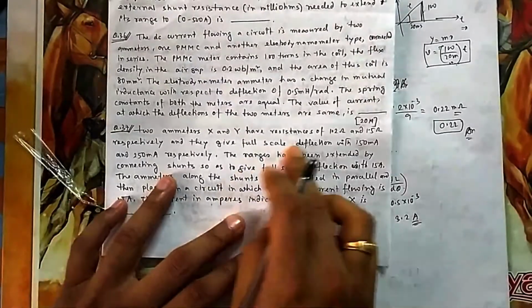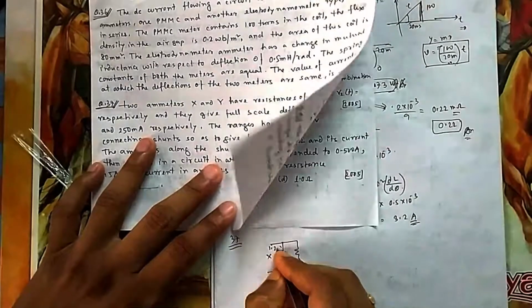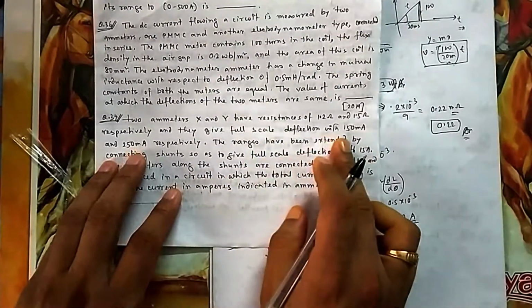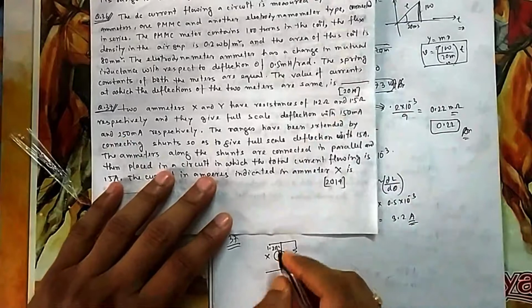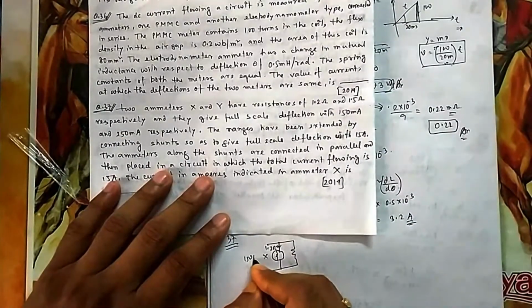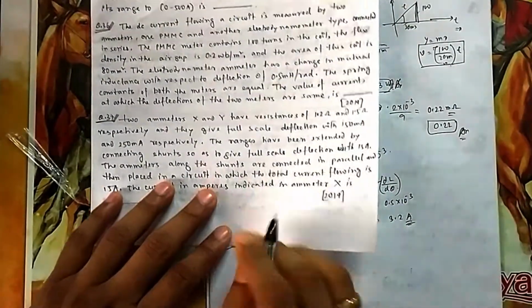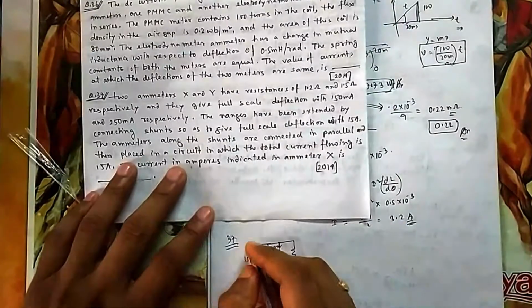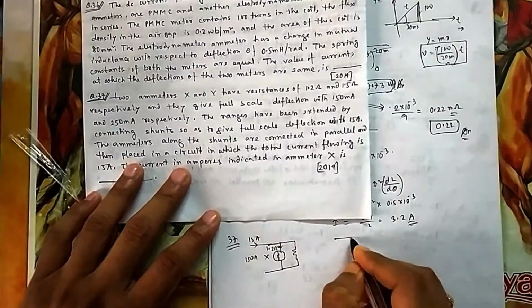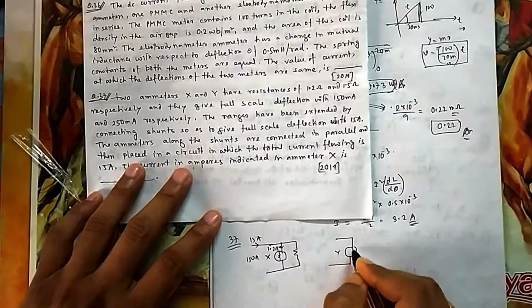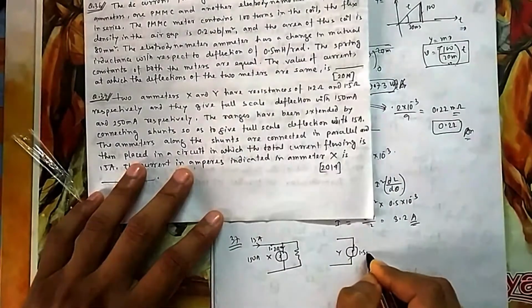So what is its internal resistance? Internal resistance is initially 1.2 ohm. How much was it measuring? 150 milliampere. The maximum current that can flow through is 150 milliampere, but we have extended it to deflect for 15 ampere. And then the second one, suppose this is Y. Its internal resistance is 1.5 ohm.